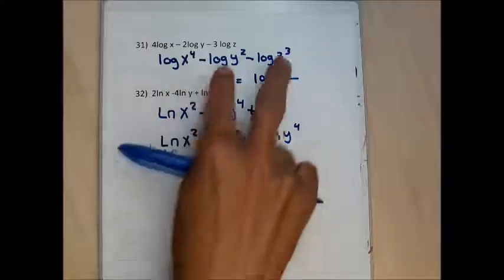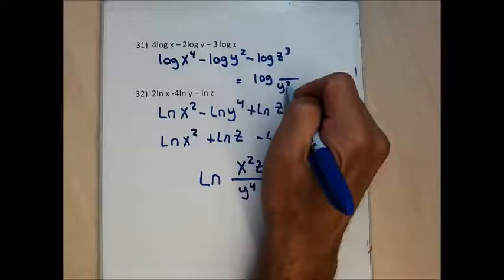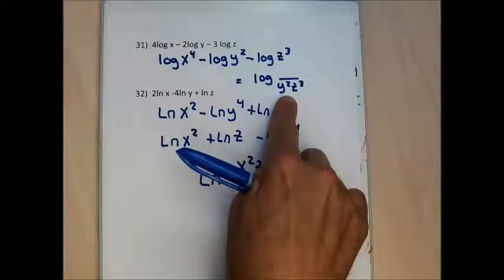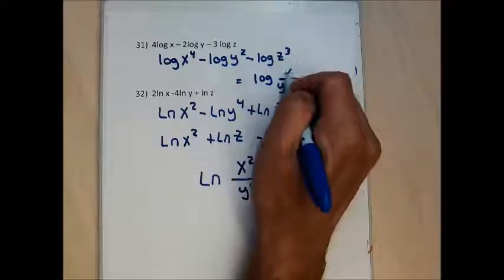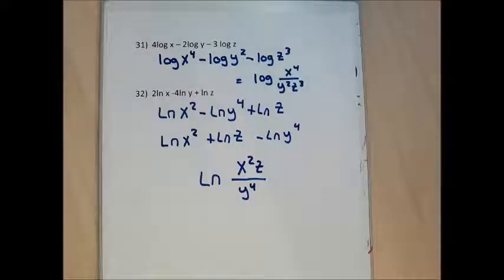You have 2 logarithms with minuses in front of them. Any letter whose logarithm has a minus in front of it is going to go in the denominator of a fraction. And when I'm shoving the letters into the fraction, I'm not getting any pluses or minus signs. I'm only getting divide signs, which are fractions, or times signs. The answer to your problem would be the logarithm of x to the 4th over y squared z cubed.